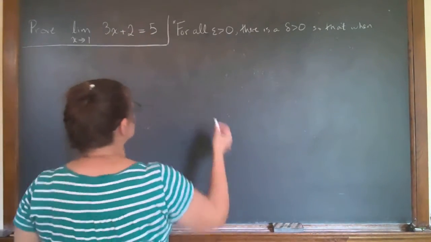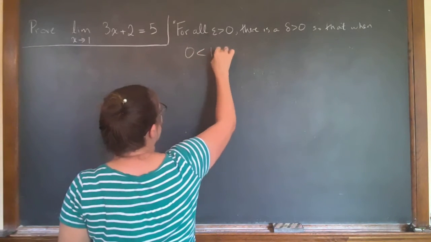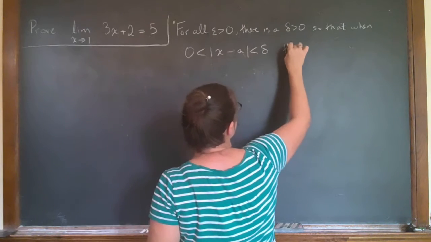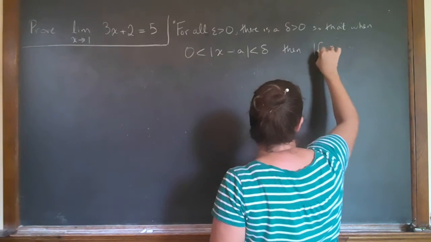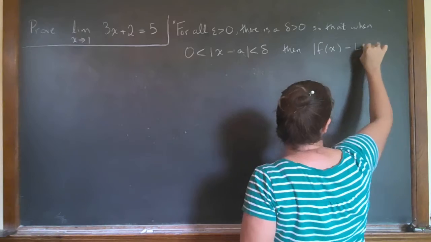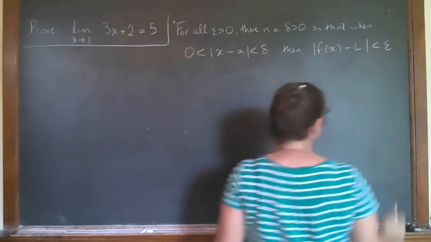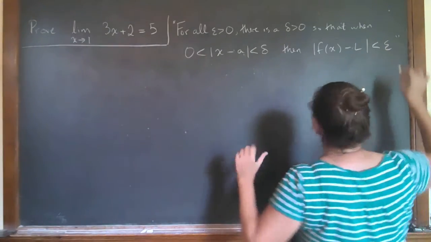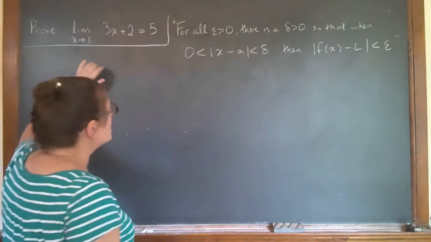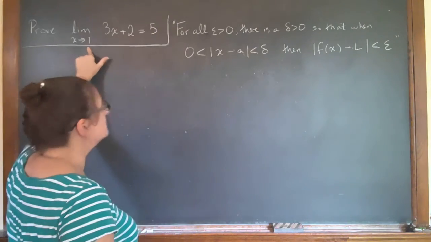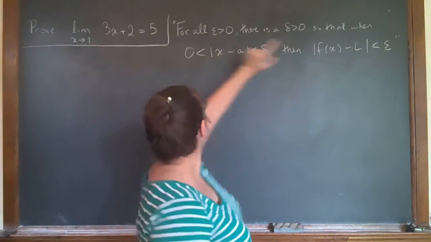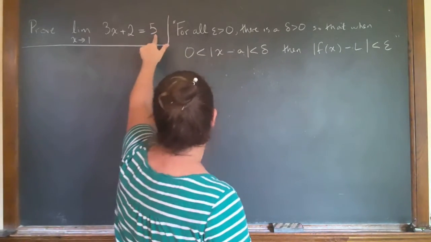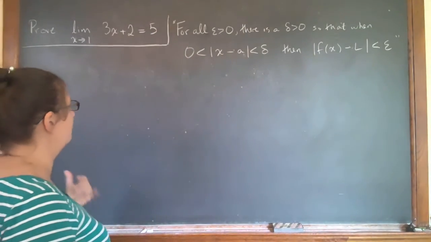But the general definition is when the absolute value of x minus a is less than delta, and greater than 0, then the absolute value of f of x minus L is less than epsilon. So that is the general definition. But in our case, a is 1, f of x is the line, 3x plus 2, and L is the point that we're going for.